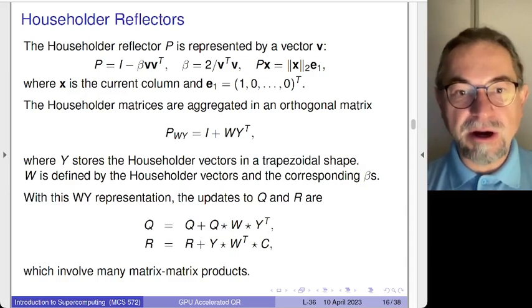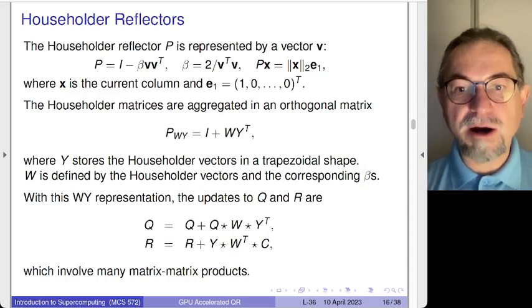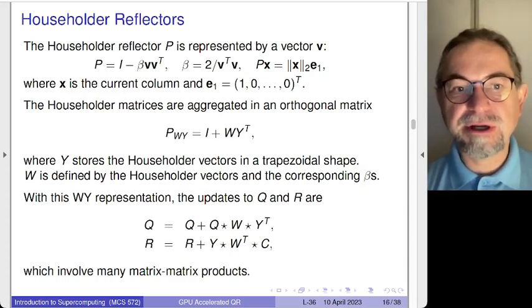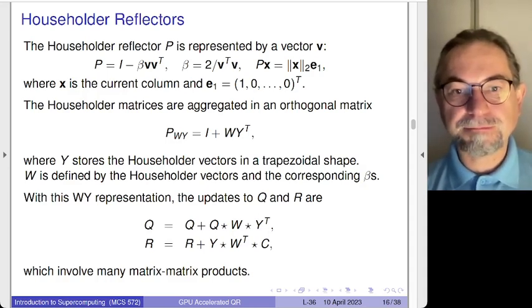So we are computing the Y and the W matrices. So the Y will store the householder vectors. The W matrix is defined by the householder vectors with the betas.